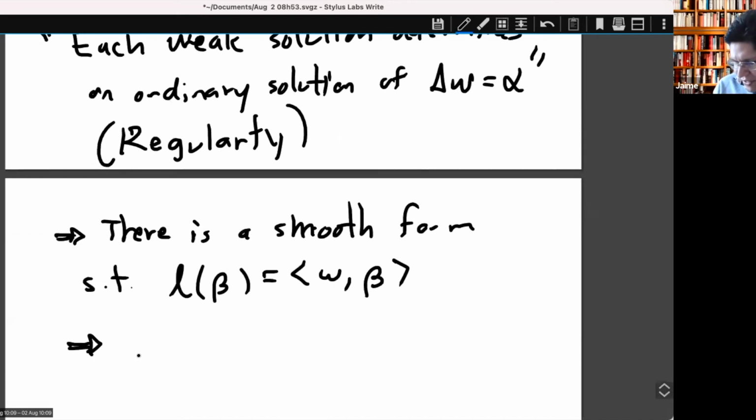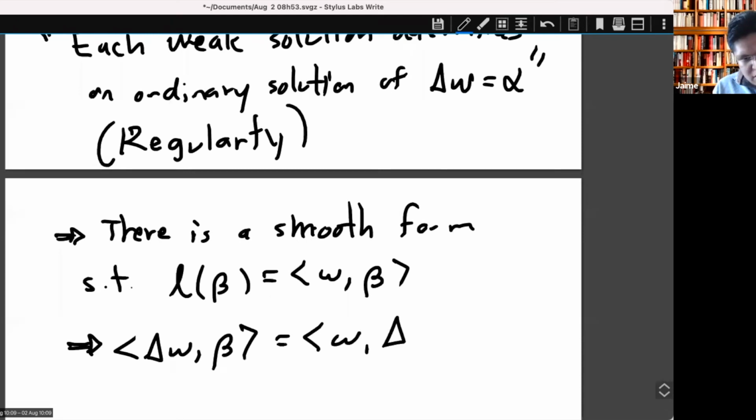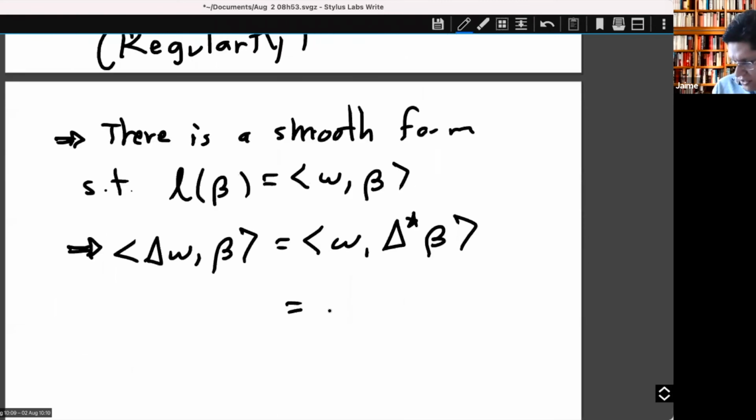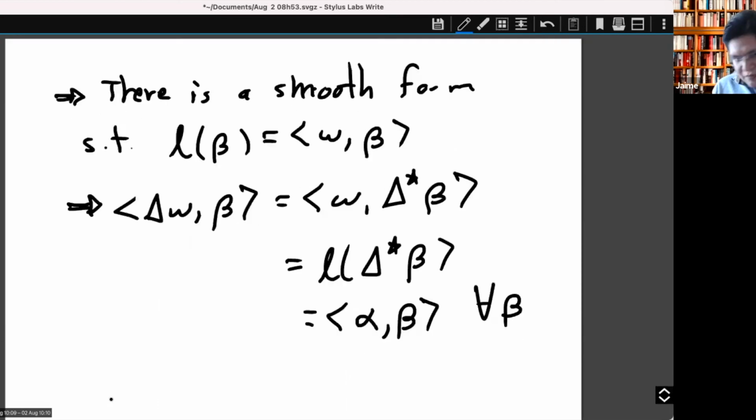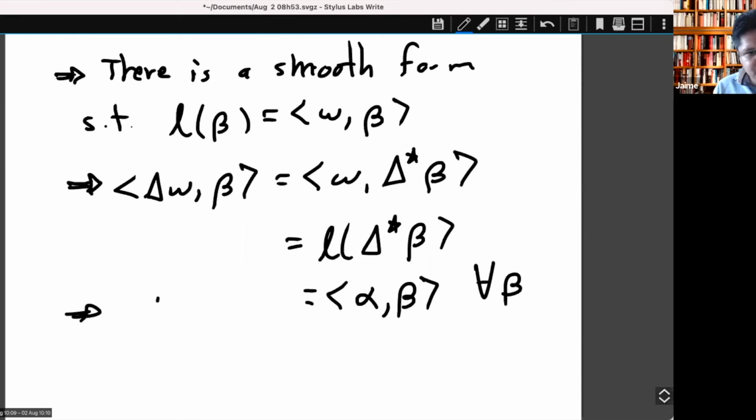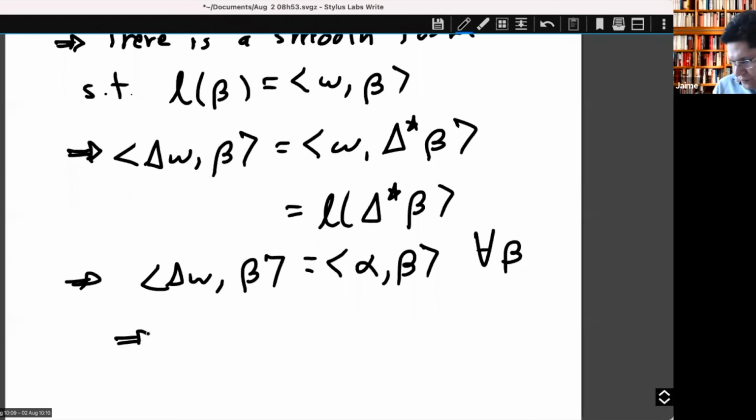Then what we do basically is take this and use the adjoint, right? And then this should be our L of this star, and by the property of a weak solution, this should be alpha beta for every beta. Then you have this, and since the operator is bounded, etc., you get the solution, right?